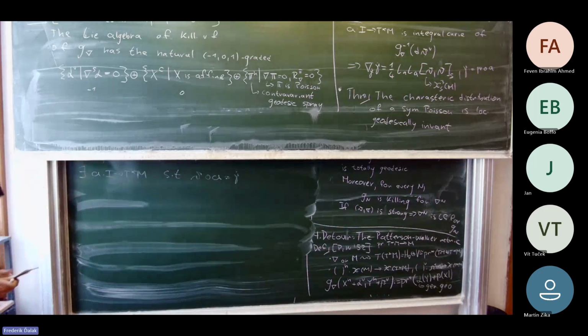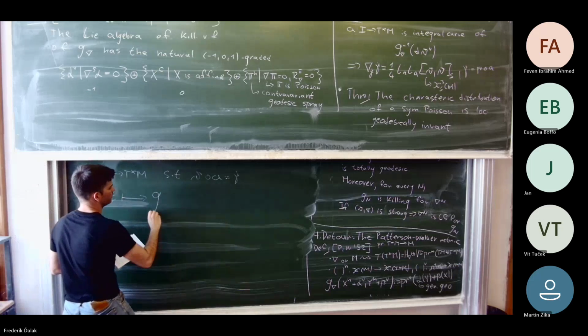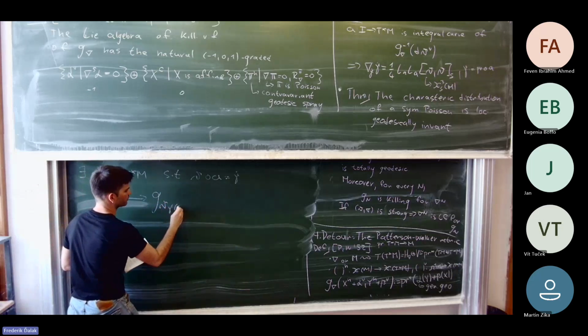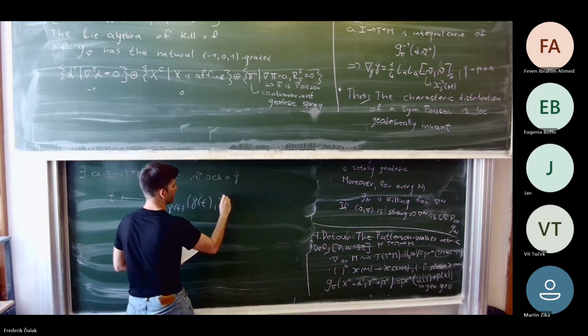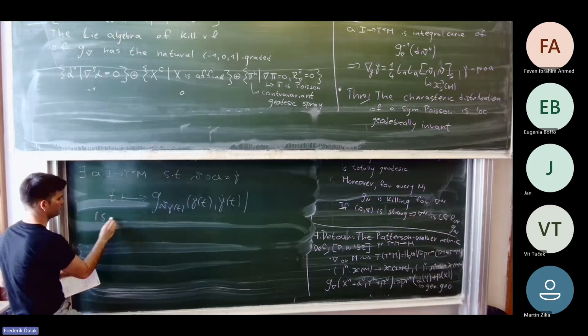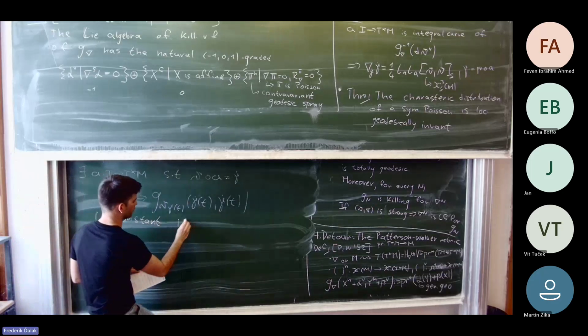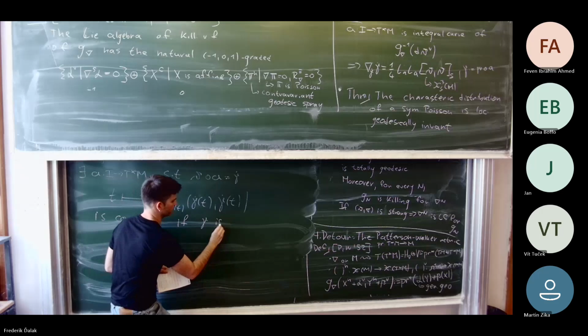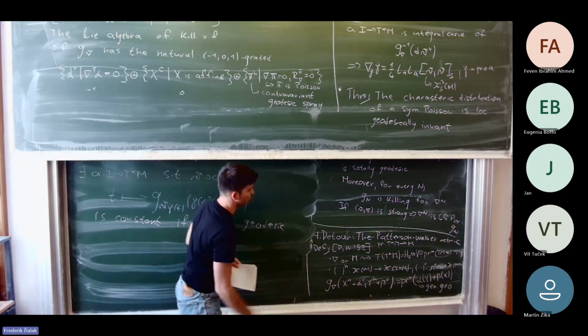It's not a real metric. Then this function is constant along gamma. It is a generalization of this well-known property.